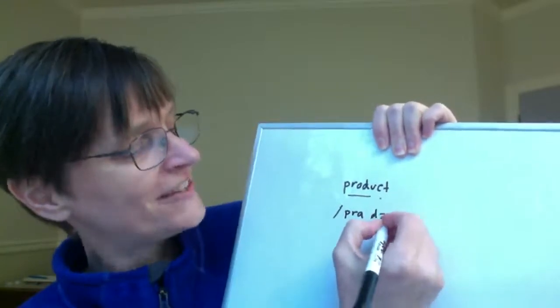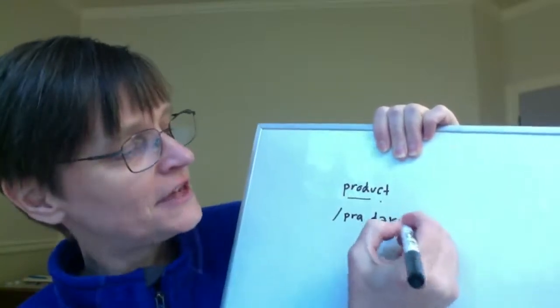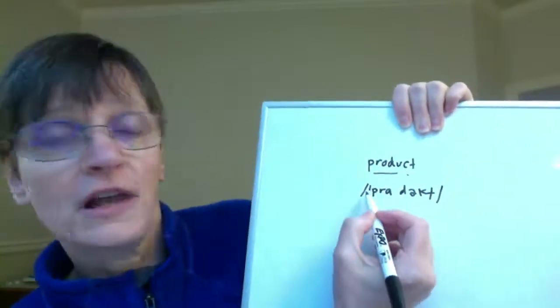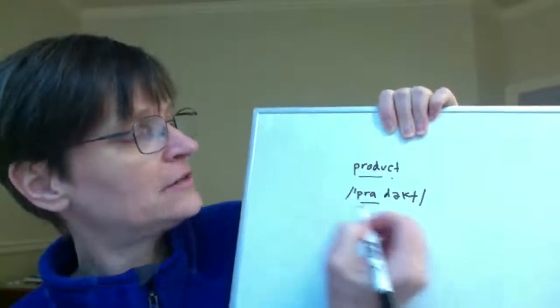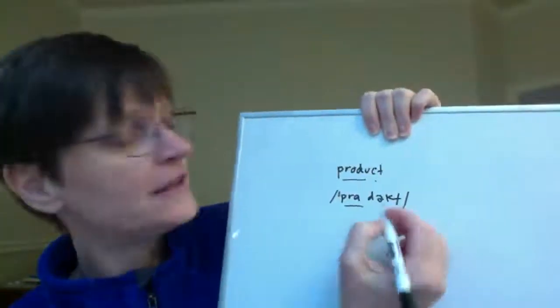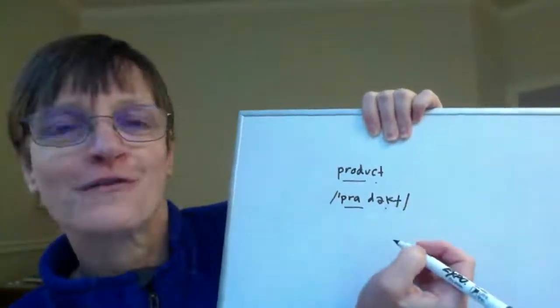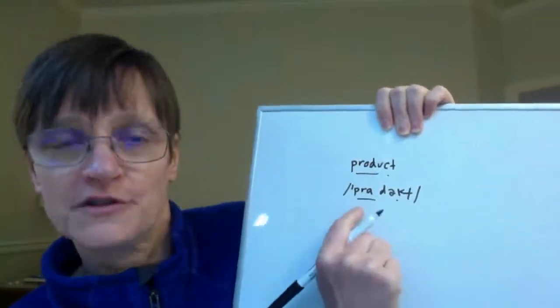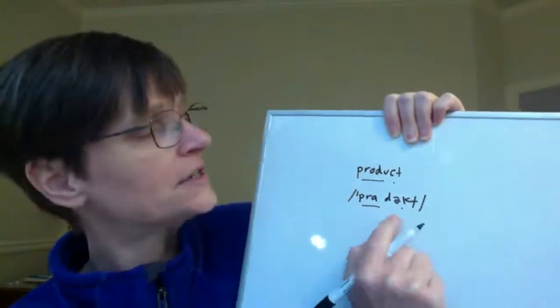I have to check the vowel myself. Okay, so stressed syllable. In the dictionary, it's marked with a little line before it. I like to mark it by underlining it for the length of that syllable and making a short mark for the short one. So product has the stressed syllable in the first syllable and a clear vowel, product.